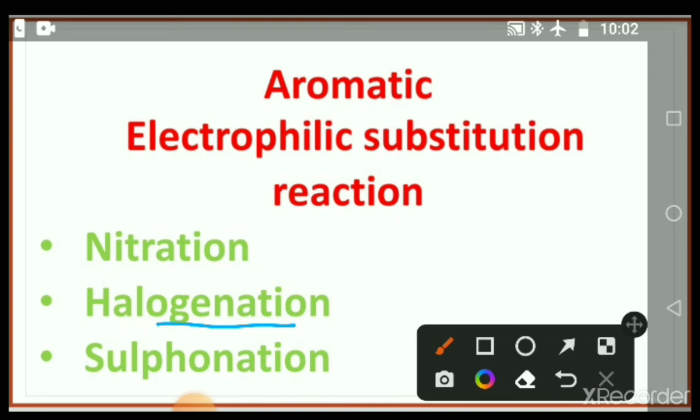Tennessine is an artificially created halogen. These six chemical elements are called halogens: fluorine, chlorine, bromine, iodine, astatine and tennessine.